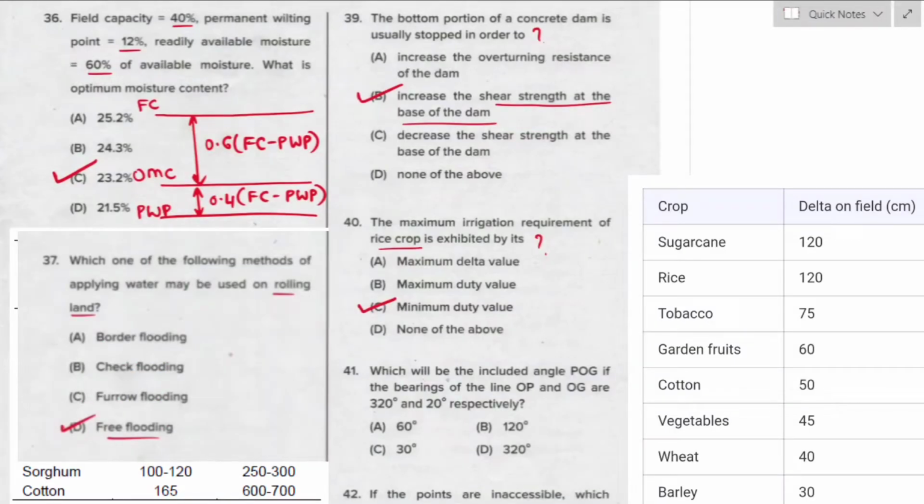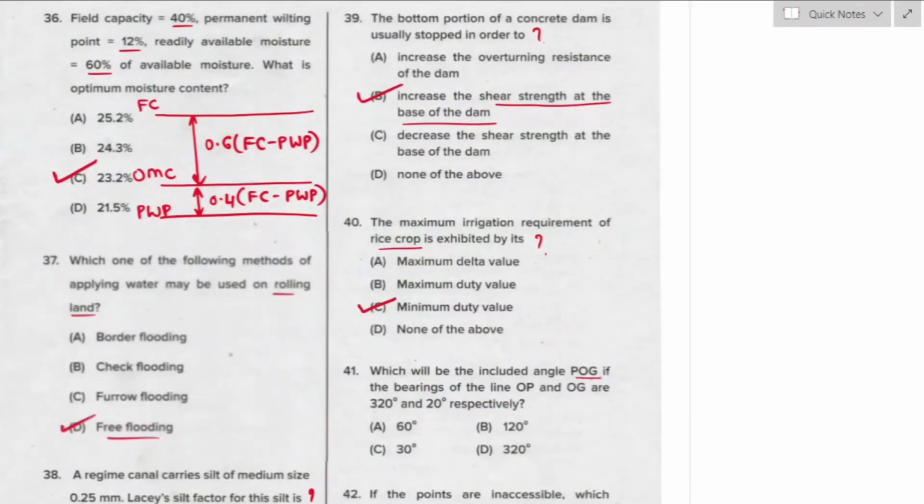Question number 41. Which will be the included angle of POG if the bearings of the line OP and OG are 320 degree and 20 degree respectively? So, let us draw an included angle between POG. So, bearing of OP is 320 degree and bearing of OG is 20 degree.